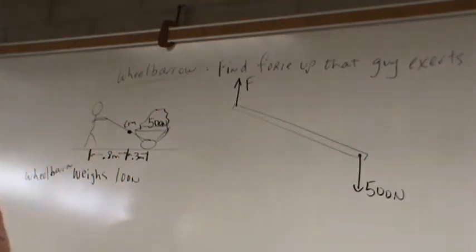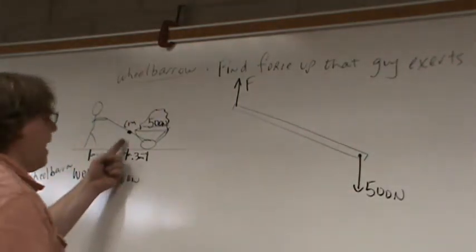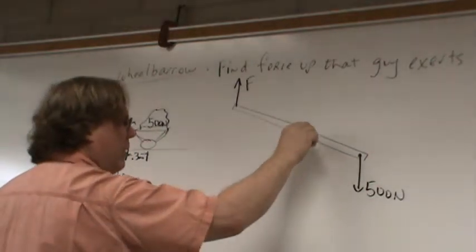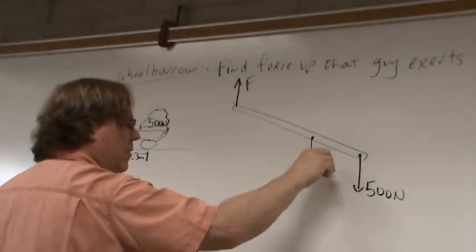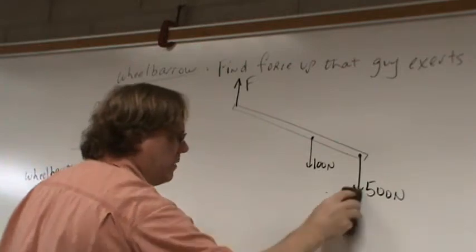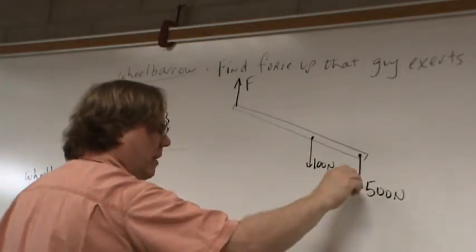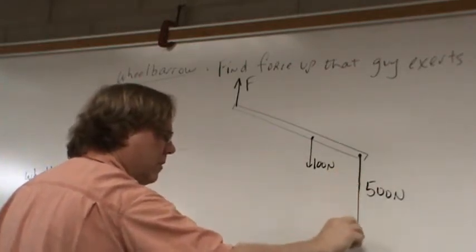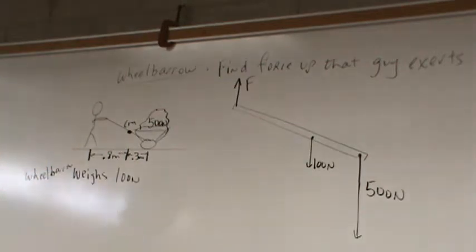What's another force on the wheelbarrow? The 100. Sure, the 100 acting at the center of mass of the wheelbarrow. Okay? So maybe I should make this a little longer because it is 5 times bigger force. And there's one more force acting on the wheelbarrow.